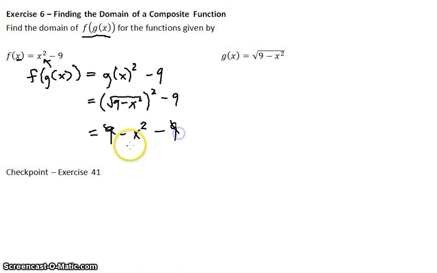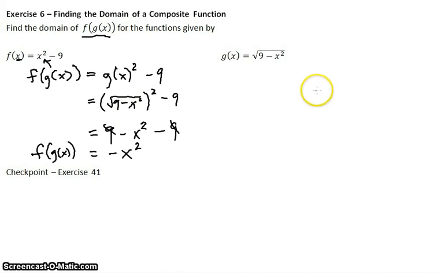These cancel out, and you would think that the final answer is negative x squared. That's what you get with a simplified composition. So after composing this, we get negative x squared.